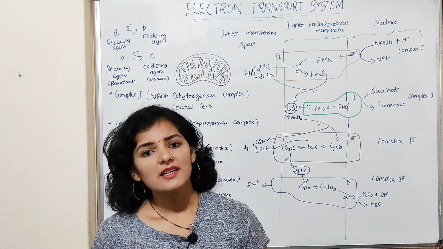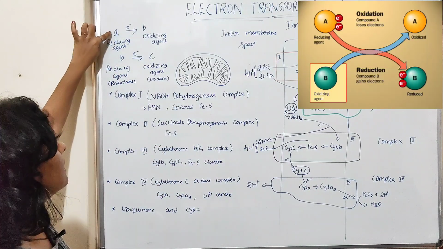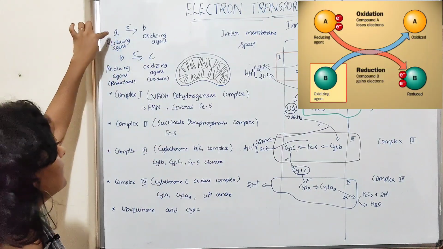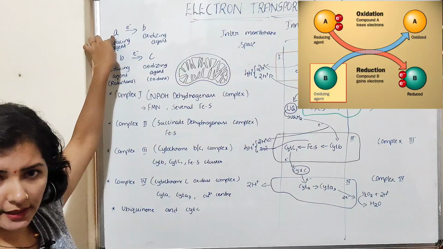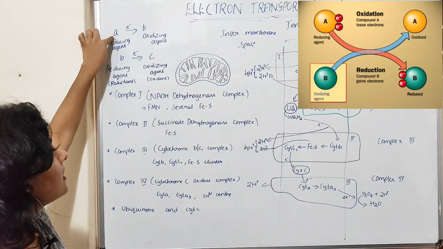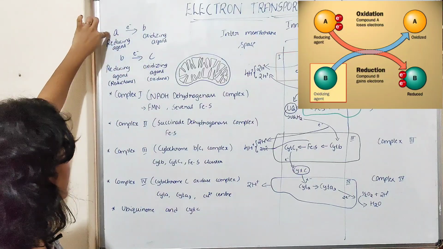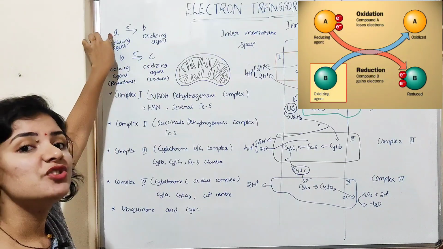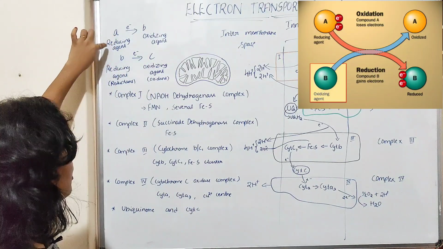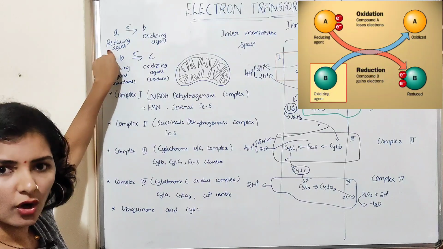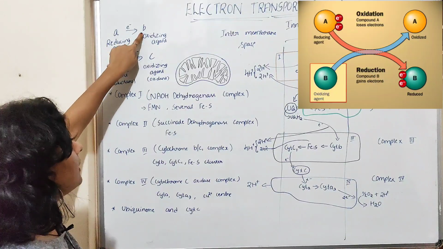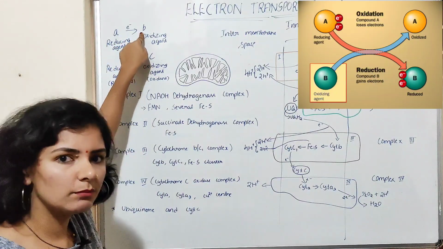Say for example, A is an electron carrier, and this A has an electron in it, and A is ready to donate the electron to the next carrier, that is B. So A, which has an electron and is ready to donate it, is called a reducing agent or a reductant. And B is the one which is ready to accept the electron.